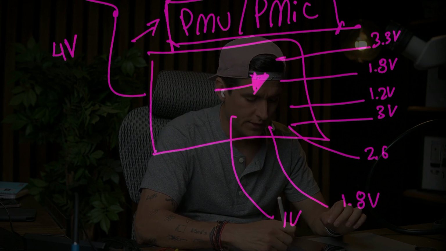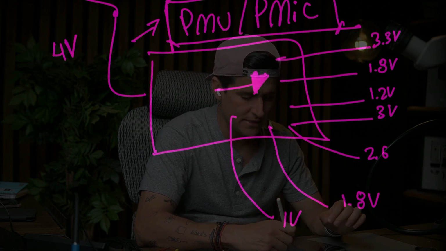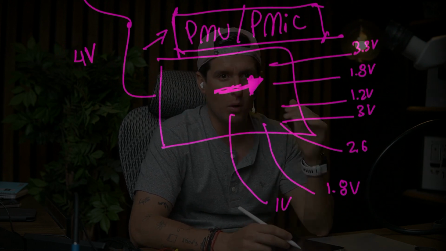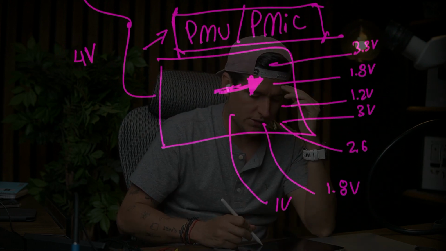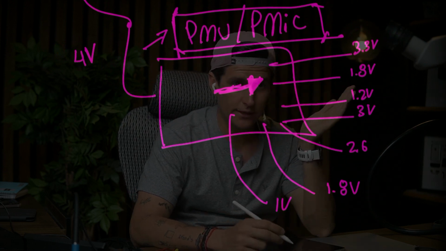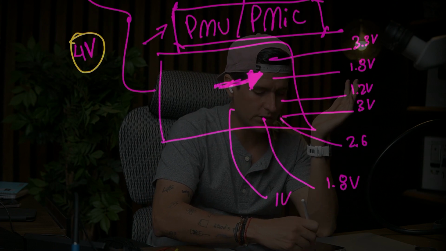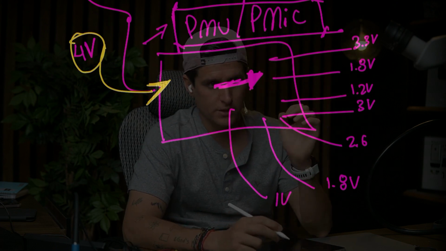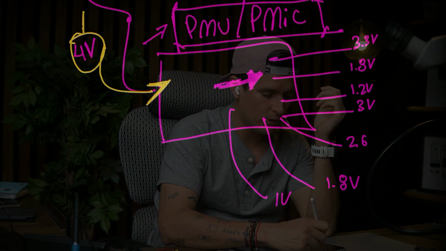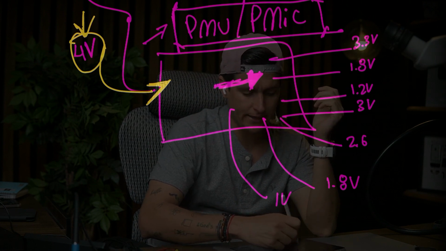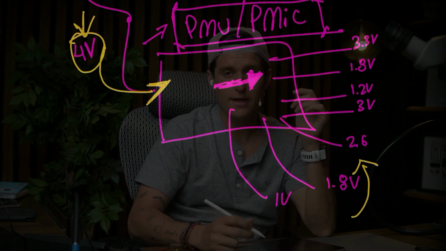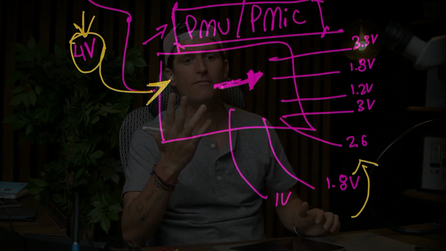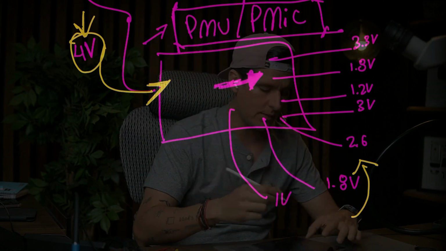When the PMU is on, the function of this circuit is to provide these voltages. But these voltages are regulated from the 4 volts from the principal lines, okay? So we have 4 volts on the input, and then on the output we have a lower voltage, okay? So we have 2 different voltages from the PMU.